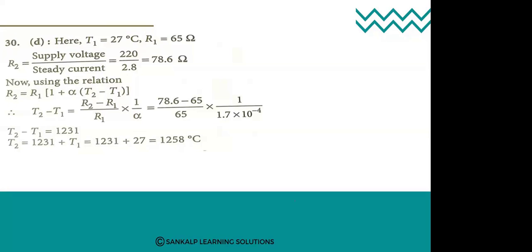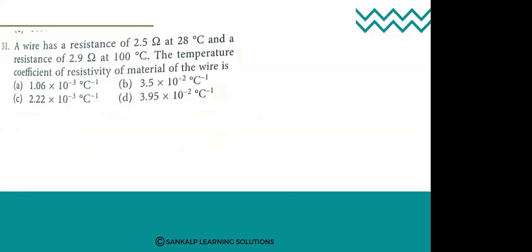Okay, next question. This you take as homework. This one, copy down the question as homework. Again, a similar type. So I will not discuss the answer here. You do it as homework. A wire has a resistance of 2.5 ohm at 28 degrees Celsius and a resistance of 2.9 ohm at 100 degrees Celsius.